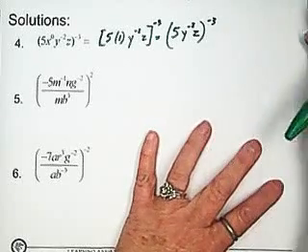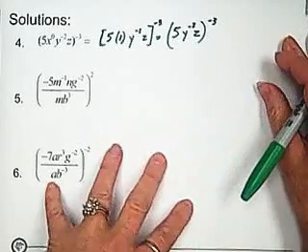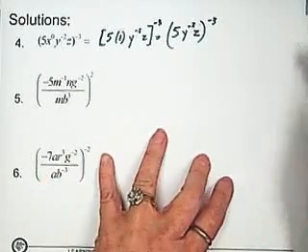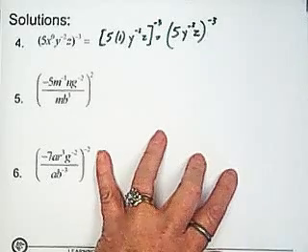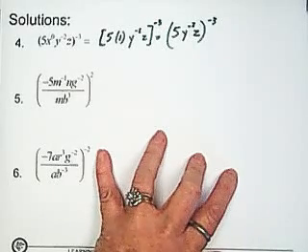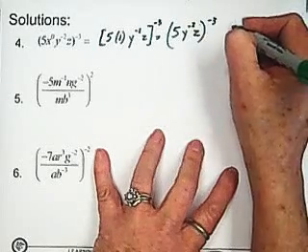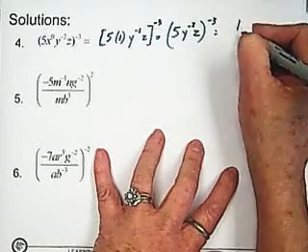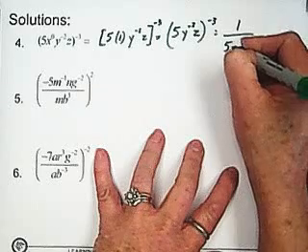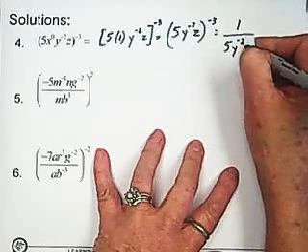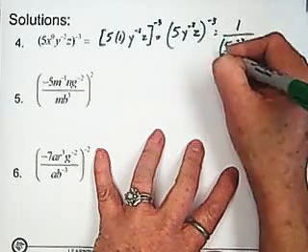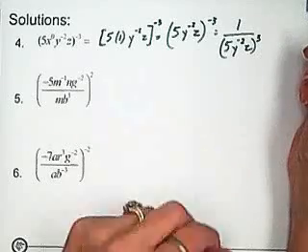Now, again, just as we did, I think, in the last question, we can deal with this more than one way. I think what I'm going to do is just put everything into the denominator and change this to a positive 3 exponent. So we have 1 over 5 y to the minus 2 z, and that's to the power of 3.